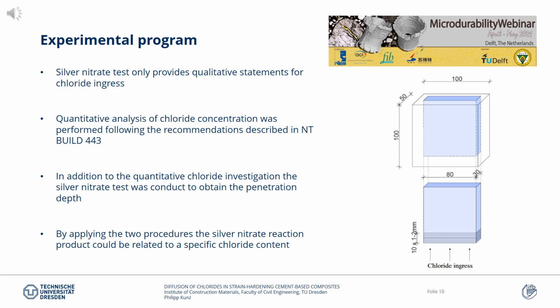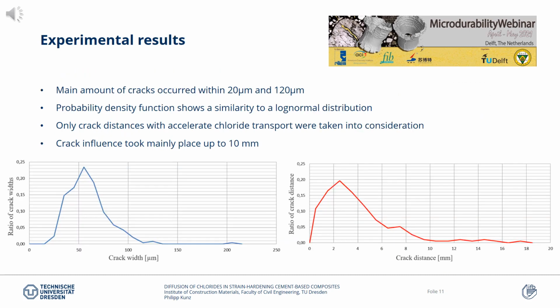In addition to the quantitative chloride investigation, the silver nitrate test was conducted as well on freshly cut uncracked specimens in order to investigate the penetration depth of the silver gray reaction product in the uncracked areas. By applying those 2 procedures, we will be able to relate the silver nitrate reaction product to a specific chloride content. Coming now to the results.